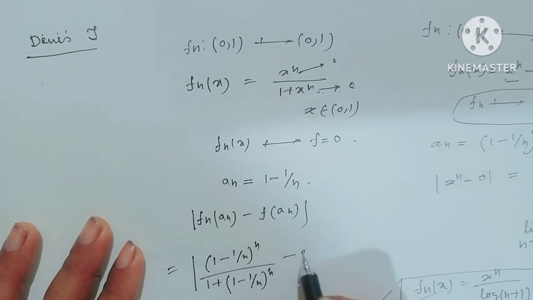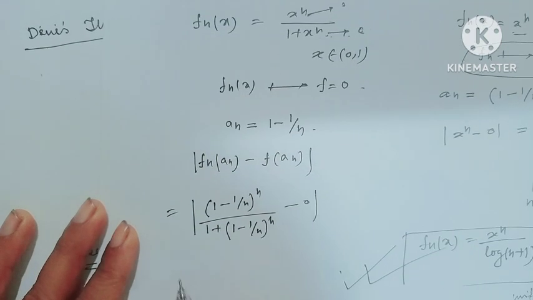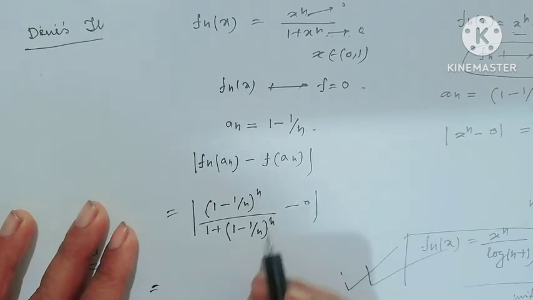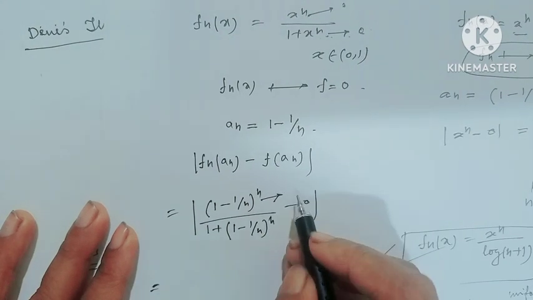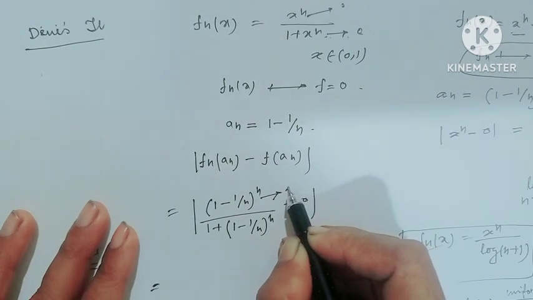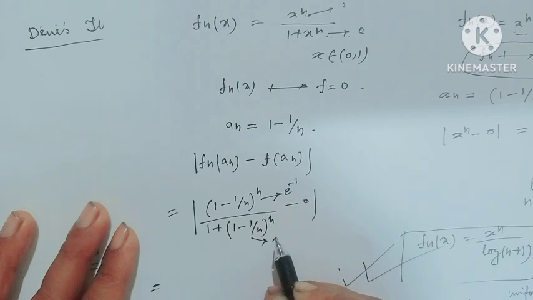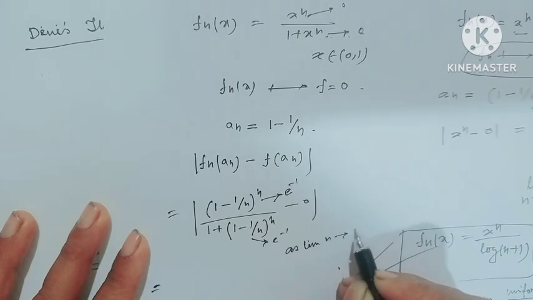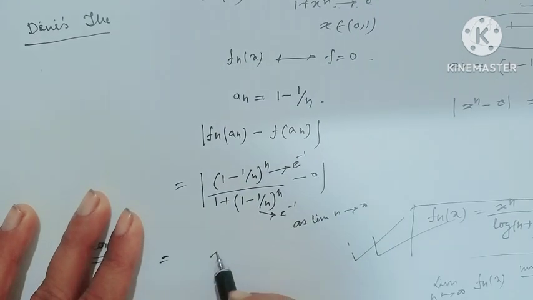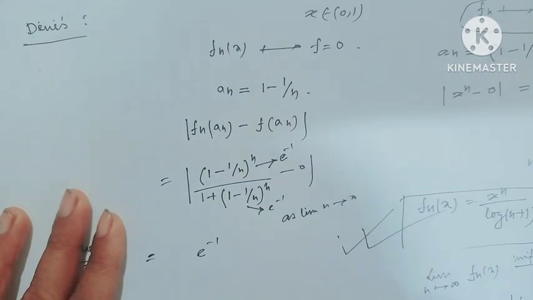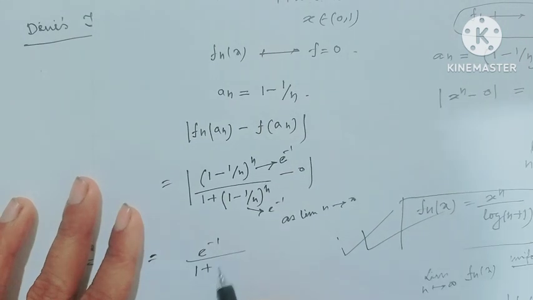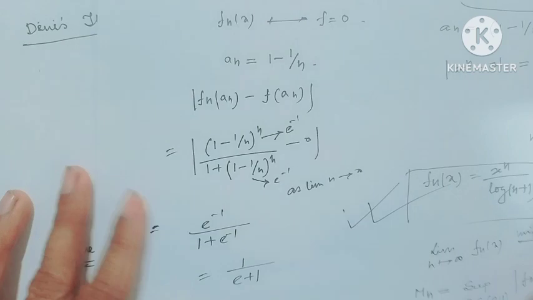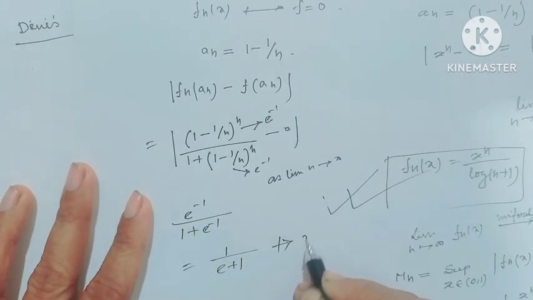As the limit n tends to infinity, this value tends to e inverse in both places, so the value is e inverse over 1 plus e inverse, which does not converge to 0.